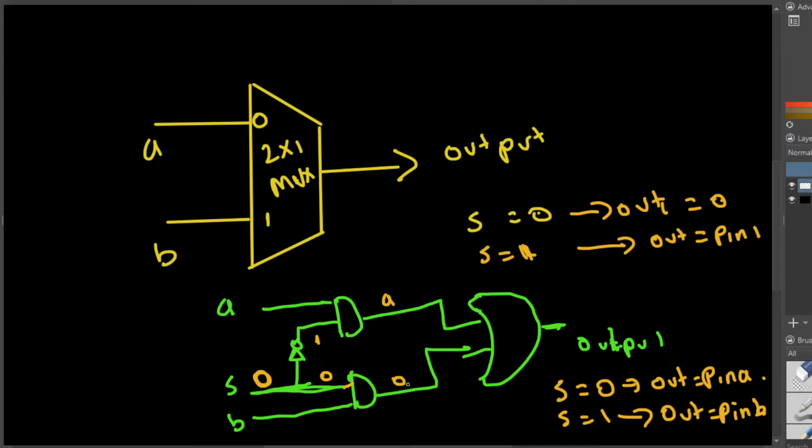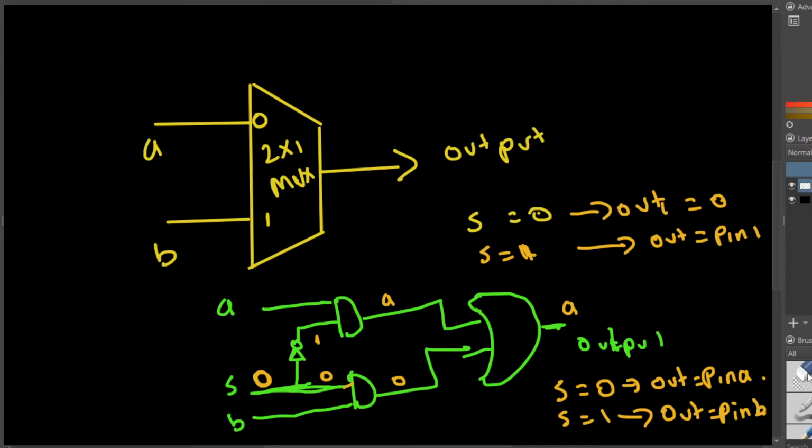And when A and 0 go to the OR gate, A will be the output. So that's how we derive that when S is equal to 0, the output is going to be whatever the value we have in pin A. If you have 0, you're going to get 0. If you have 1, you're going to get 1. So whatever the input you put, that's going to be the output.